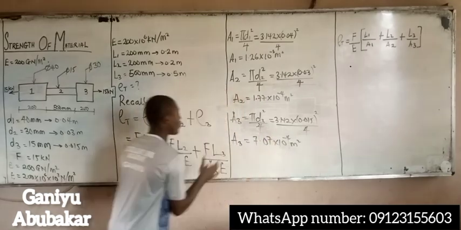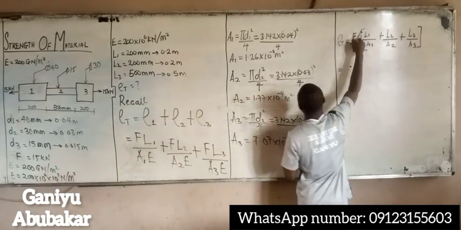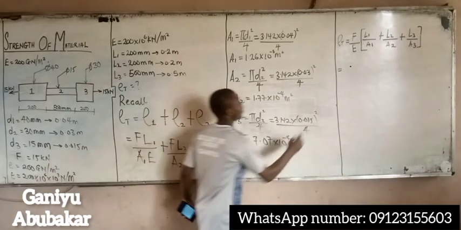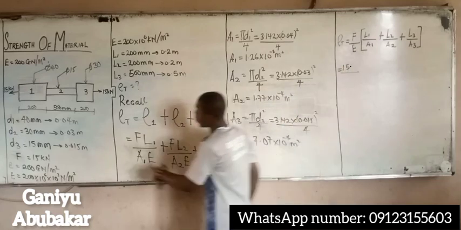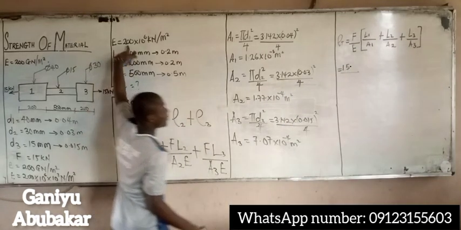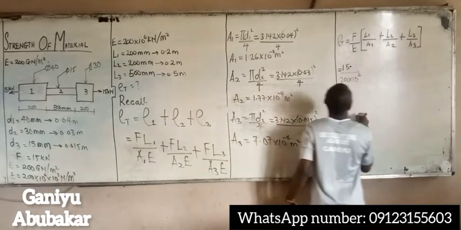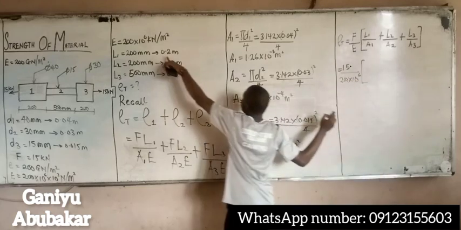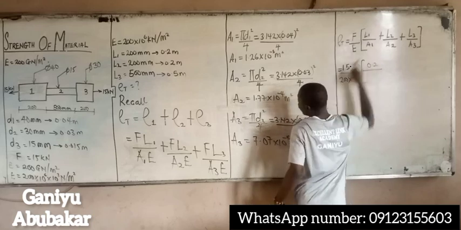Now at this point, I'll just plug in my values. F was given 15 kilonewton, so this 15 kilonewton all over E. E is 200 times 10 to the power 6, all into L1. L1 is 0.2, 0.2 all over A1.